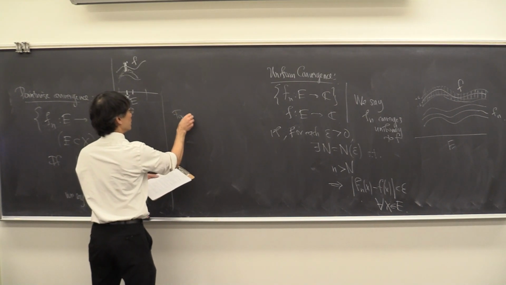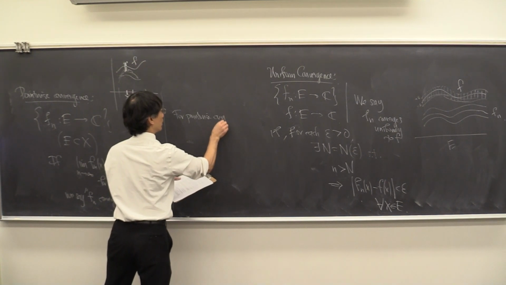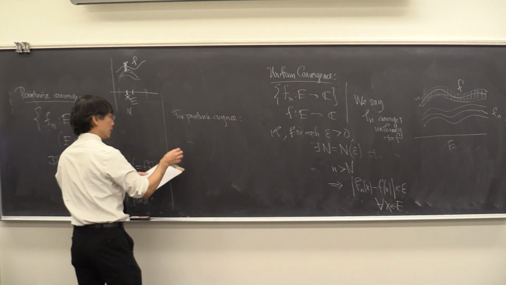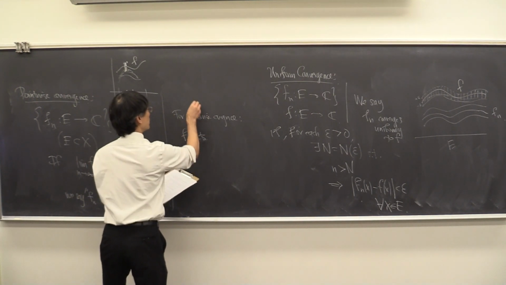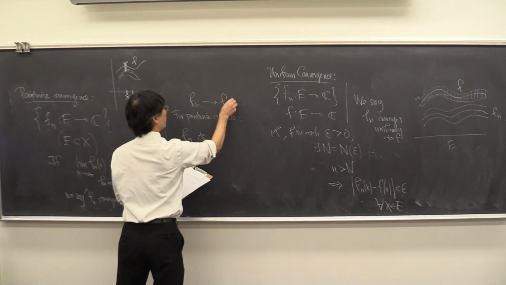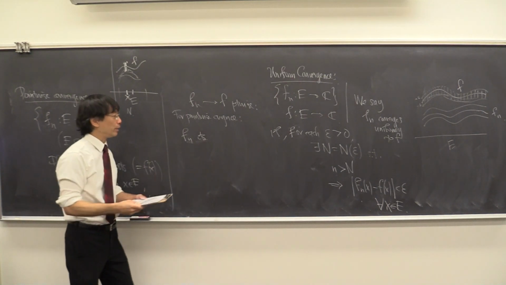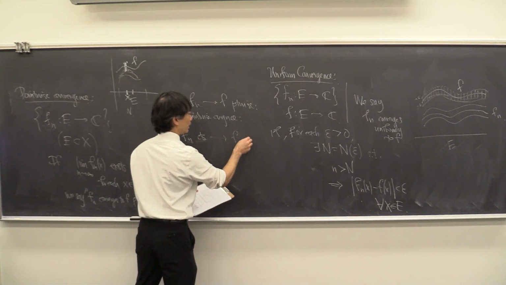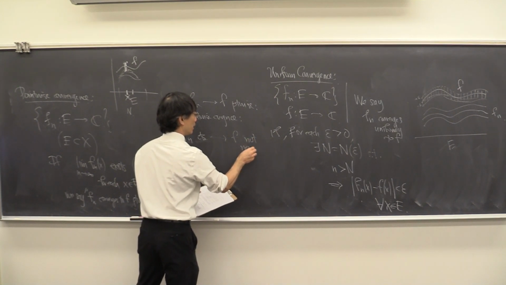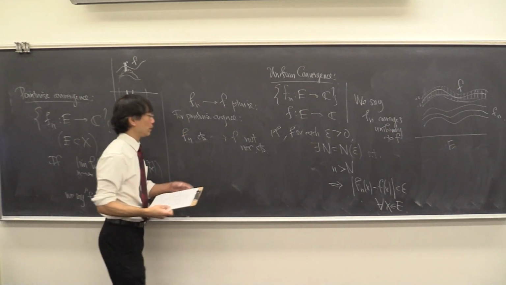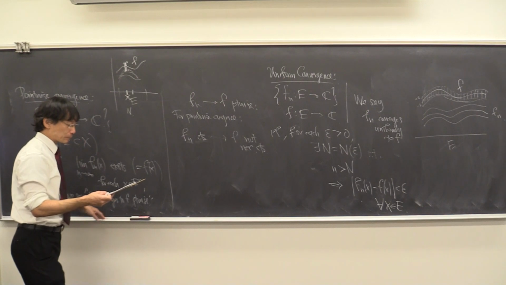So for pointwise convergence, right? Even if the f sub n are continuous, so let's say that f sub n converge to f pointwise, then f is not necessarily continuous, right? You can have continuous functions that converge to something that's not continuous, right?